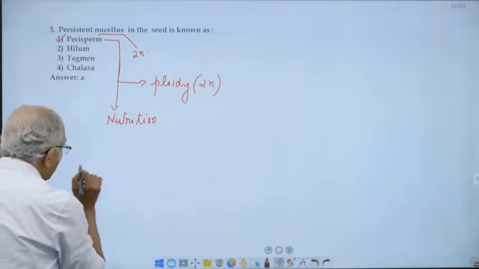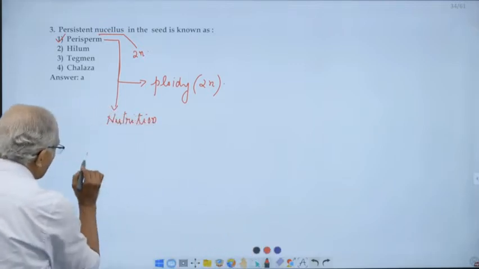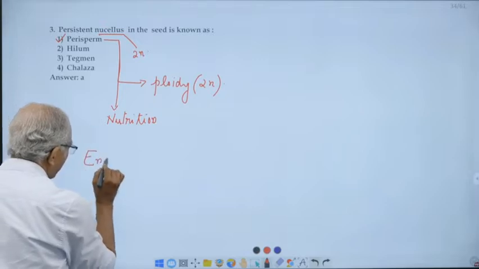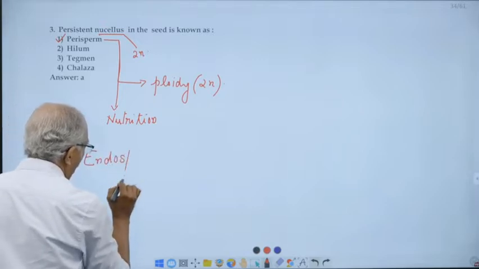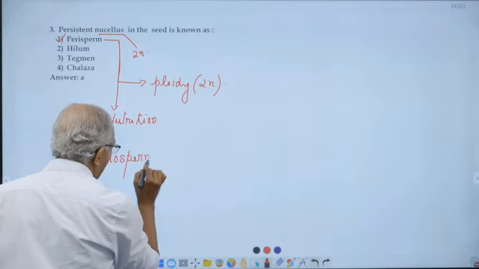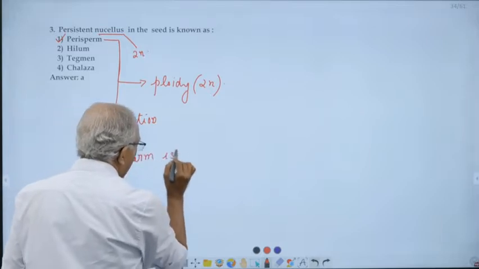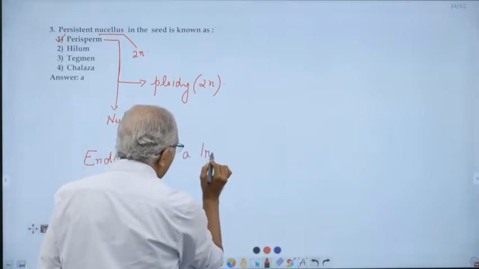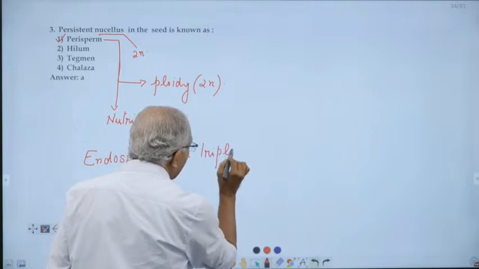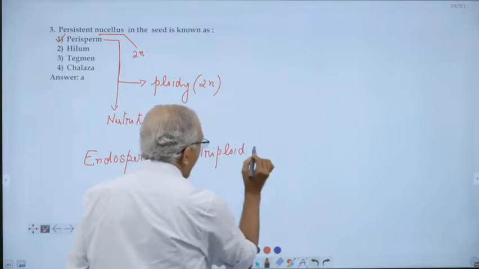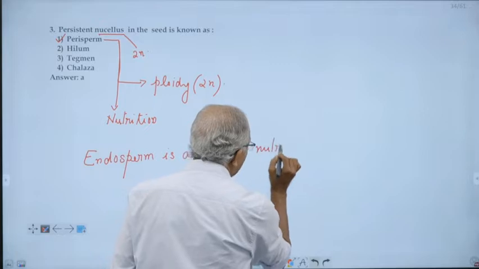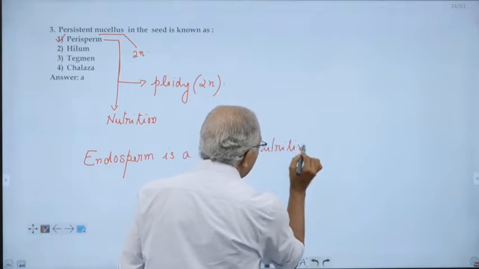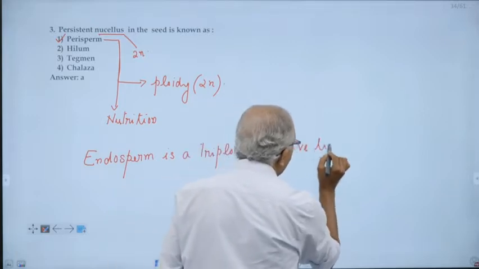But endosperm is a triploid nutritive tissue.